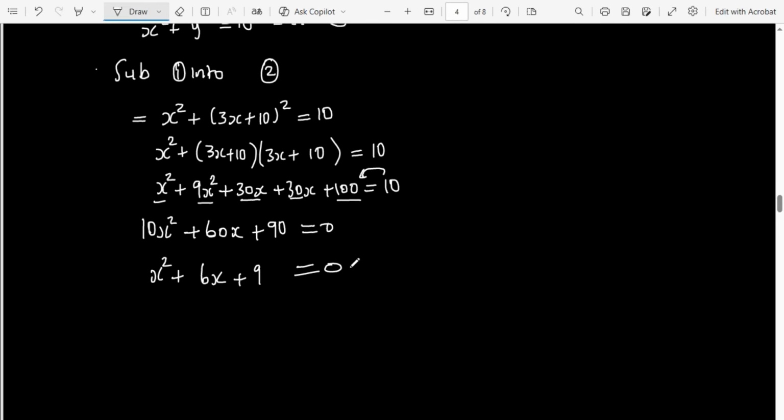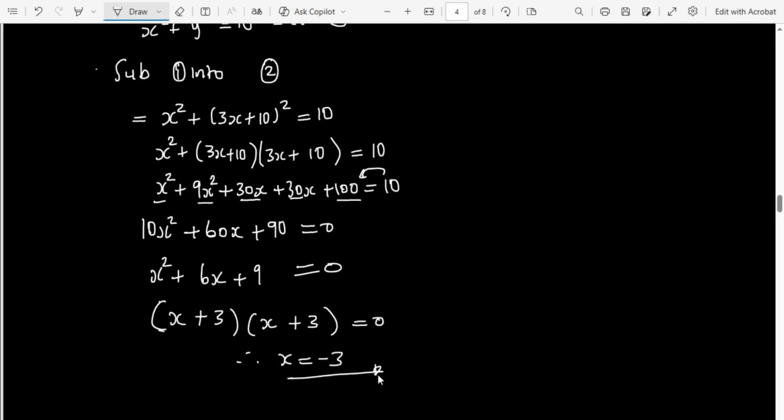Therefore, we can just factorize this. We get x plus 3 times x plus 3, where both 3s are positive. Therefore, this gives us only one solution, which is x is minus 3.